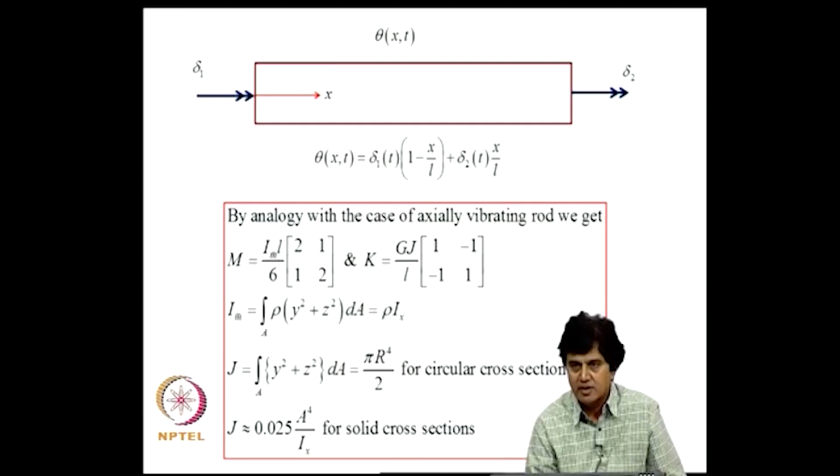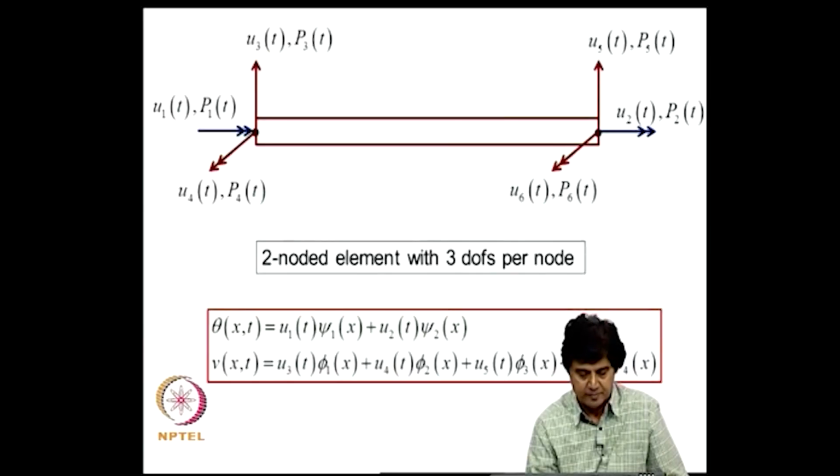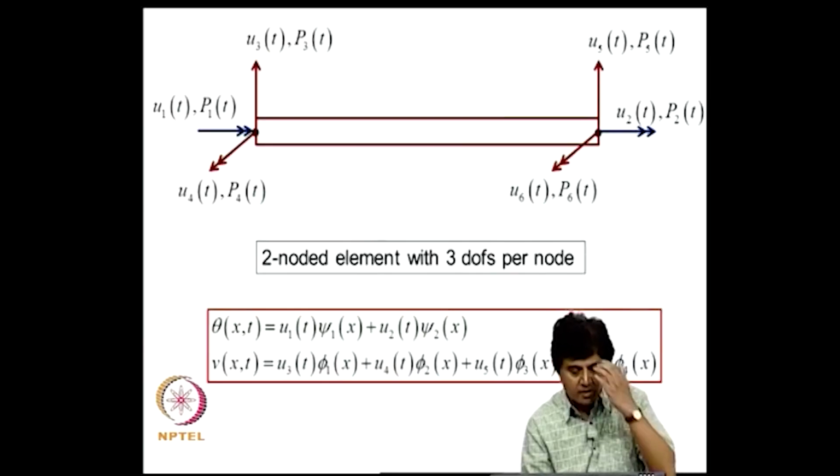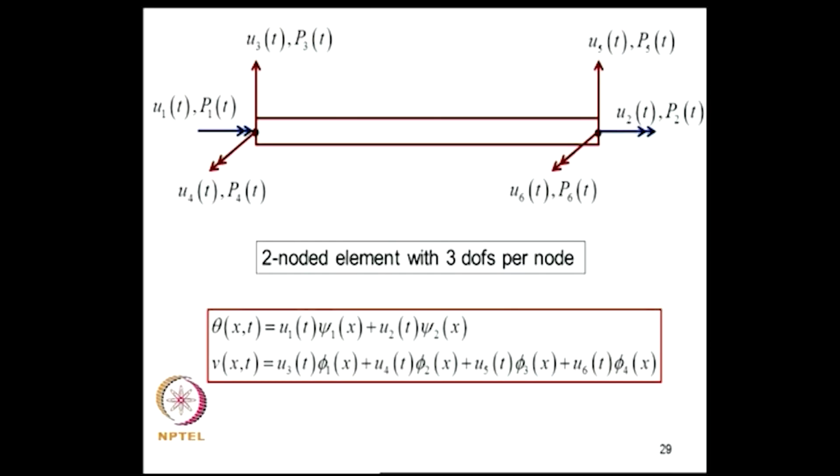If the rod is circular, the analysis is simpler. If the rod is rectangular, you have to go through some details based on elasticity theory. So, now we can go back to the grid structure and construct an element that can be used for analyzing grids. The analysis of grids requires a combination of actions due to twisting and actions due to bending.